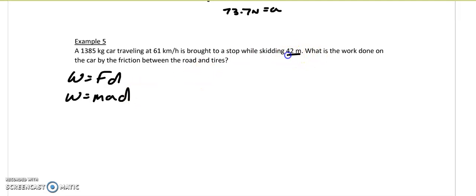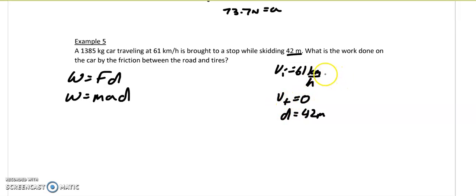Well, we've got the distance, but we don't know what the acceleration is. So, a couple of things. First thing we're going to do is we know that the initial velocity is 61 kilometers per hour. The final velocity is 0, and we know that the displacement is 42 meters, or distance actually traveled.